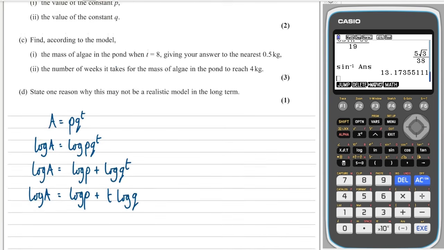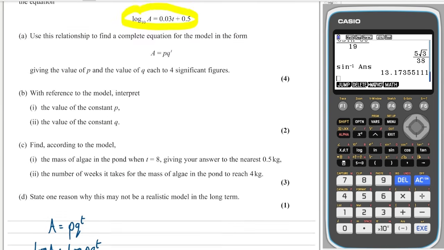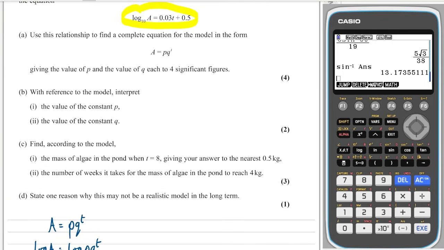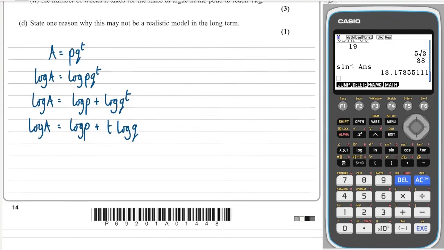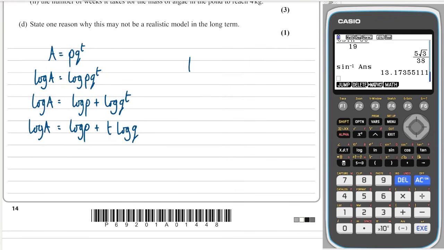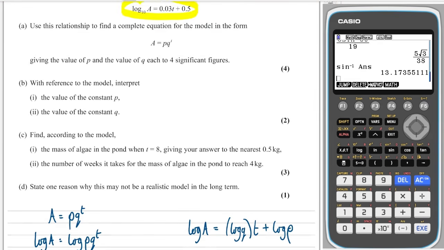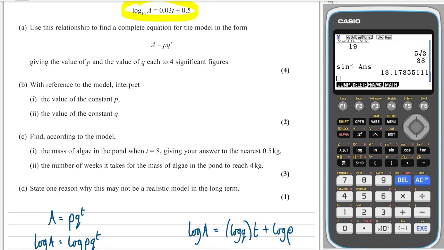Okay, then we've got to look at how that compares to the equation that we've been given. So we have log A on the left, that's good. And then we have some number times T plus some number. So I'm going to write this as log A is equal to log Q times T plus log P. And now I can take the equation that we're given and write it directly above here.